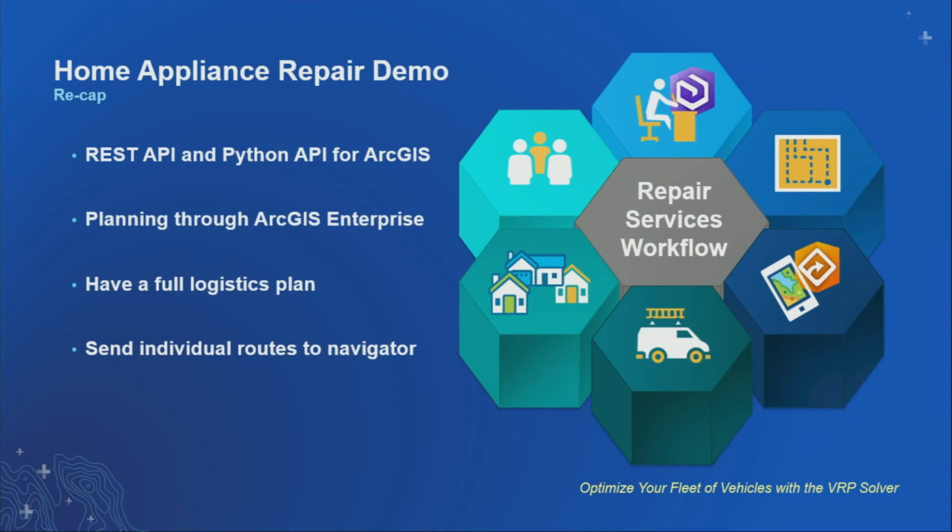So in this demo, we saw how you could use the REST API and the Python API for ArcGIS for VRP. We saw how you can plan through ArcGIS Enterprise. At the end, you have the full logistics plan, and with the Navigator app, the drivers are ready to go for their day.